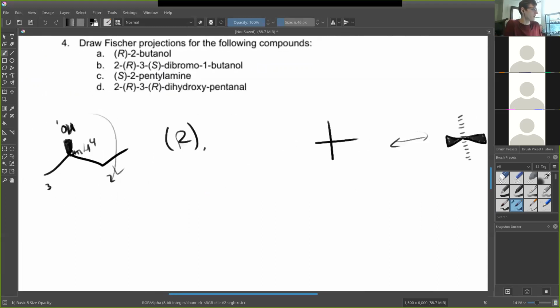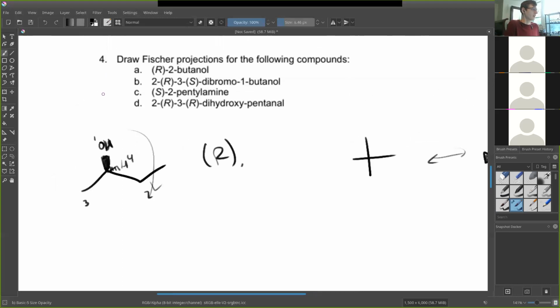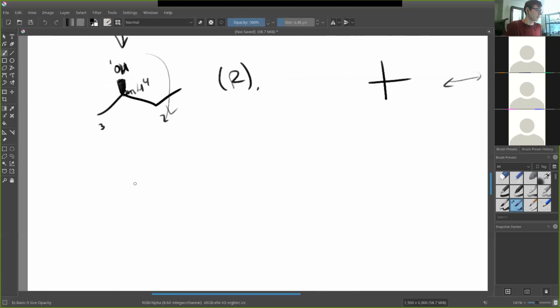Yeah. So we want to draw the interesting stuff in this kind of projection, right? So in this case, what we do is we look at this molecule from above, all right? And what you would see in that case is you would see this methyl going away from you, right? You would see this ethyl also going away from you.